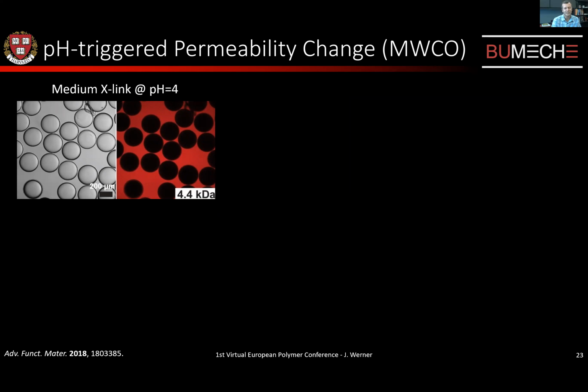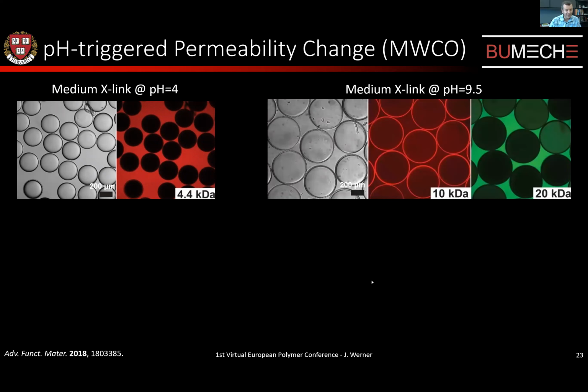Now, if we increase the pH, the same capsules at pH 9.5 are permeable to molecules at least up to 10 kilodalton, again fluorescently labeled dextran molecules. And 20 kilodalton is around our cutoff for these capsules, where we see some heterogeneity throughout the capsules, but anything bigger than that is blocked even at the high pH, which also shows you that these capsules don't break during their shape change.